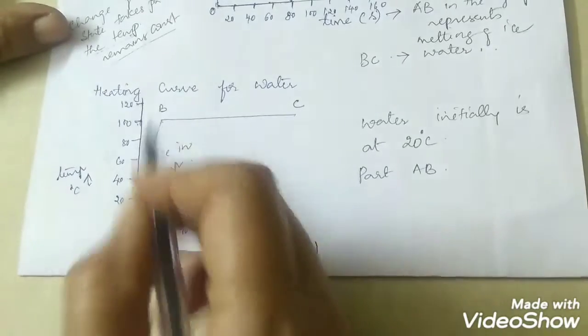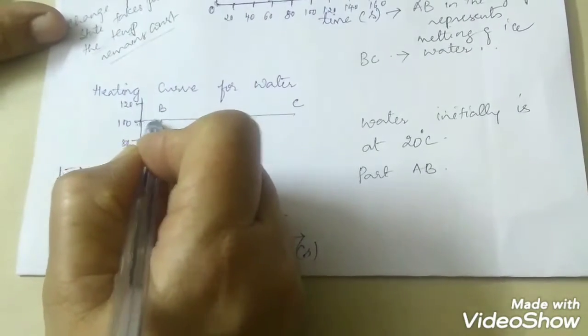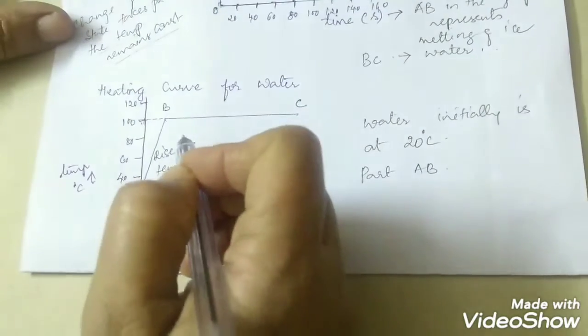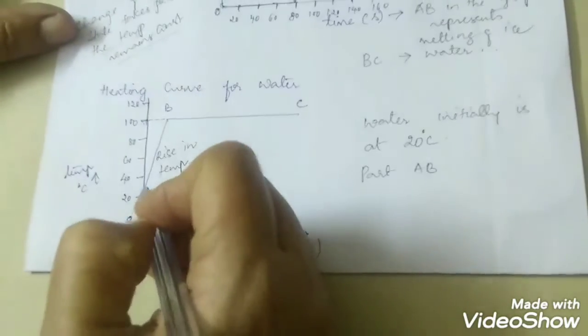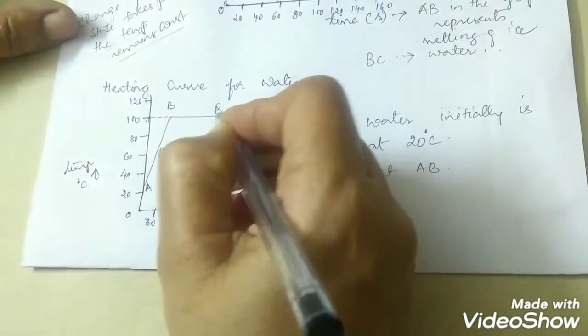Up to what temperature does the water reach? The rise in temperature will be up to 100 degrees Celsius. We know that at 100 degrees Celsius water starts boiling.